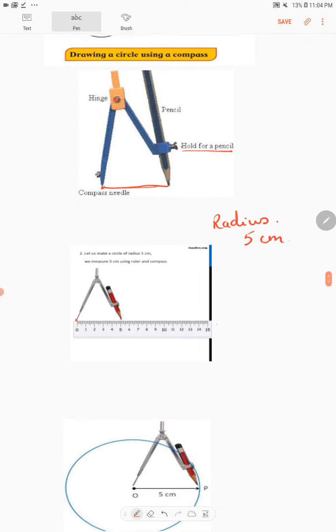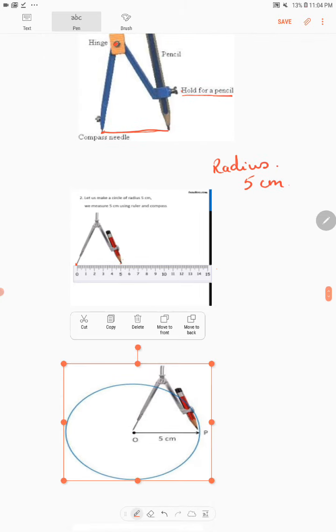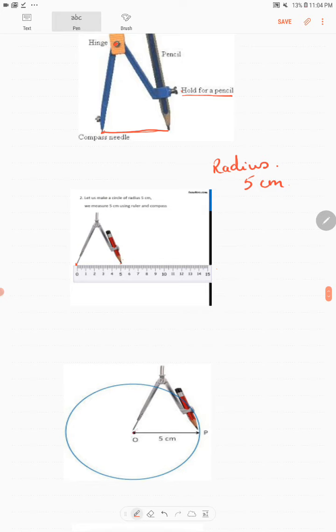Then you place it on a paper. This will be the center of the circle, and this is the radius you have taken. Now you are not going to move this from here.